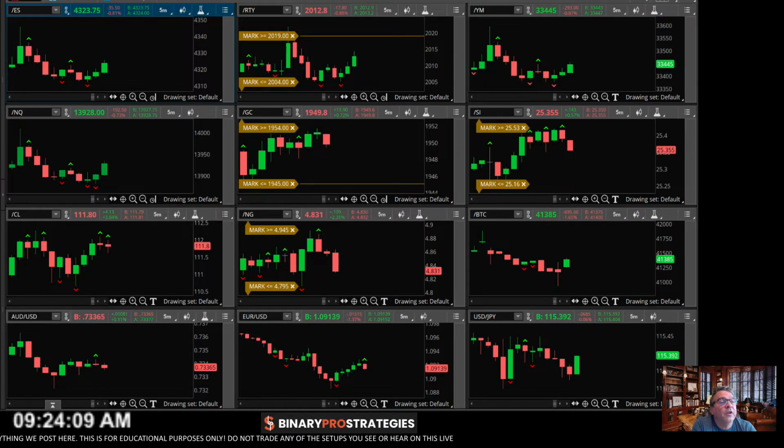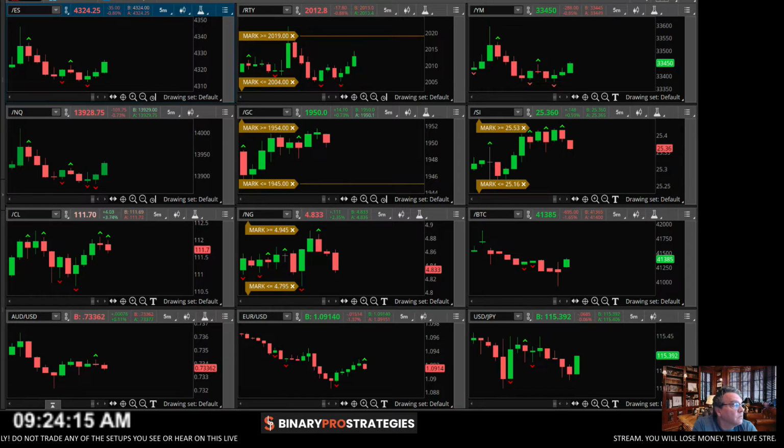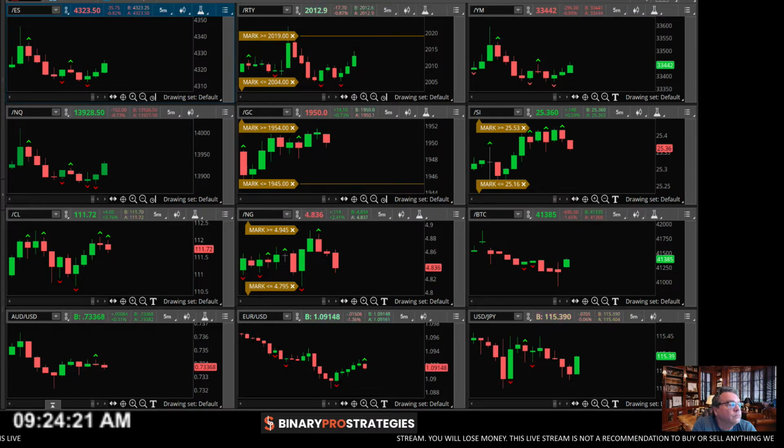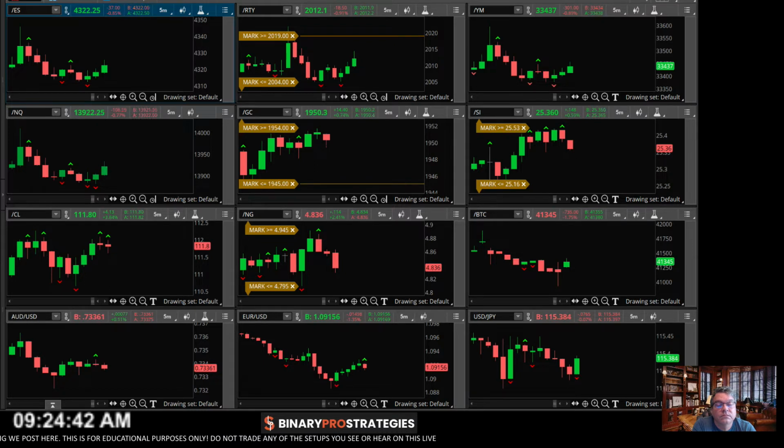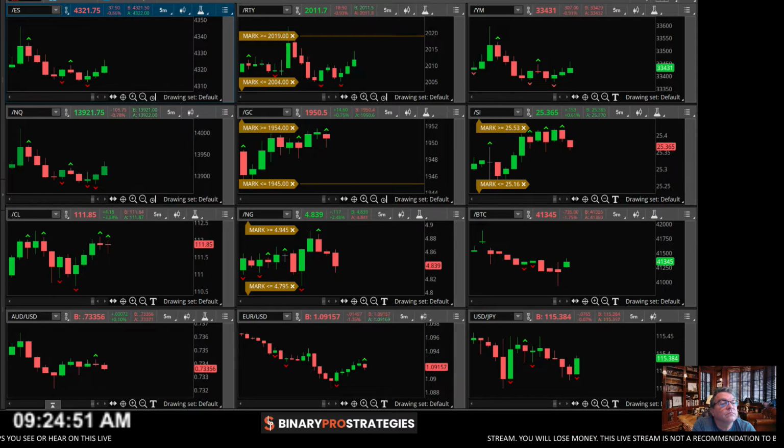Once again, we don't get out early on these core trades. This pattern is designed to carry it to the close. We are still long.